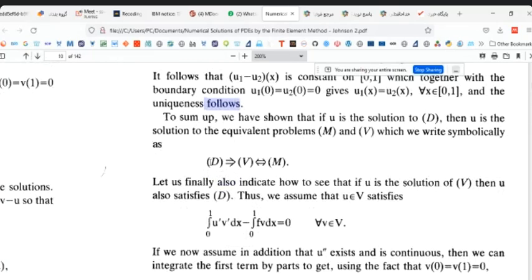Symbolically, the solution of D is a solution of V, and the solution of V is also a solution of M, and vice versa.